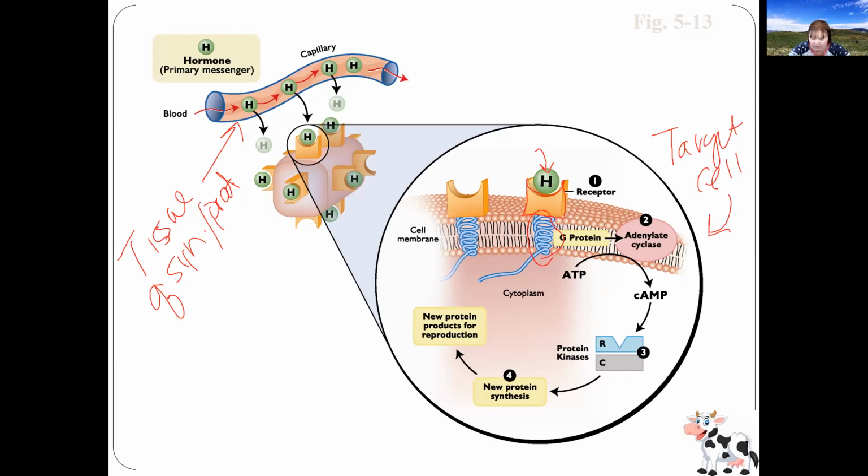So we get the G protein that is going to be converted to adenylene cyclase. And then we'll get cyclic AMP being produced. Cyclic AMP is then going to be converted into a protein kinase. And that protein kinase is then going to synthesize a new protein. And so that new protein is going to be the outcome here.